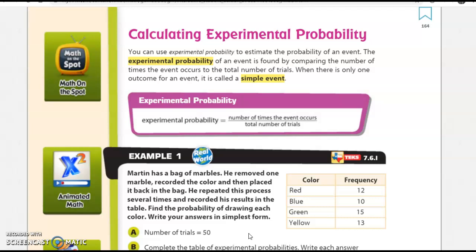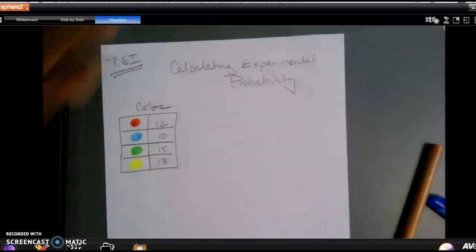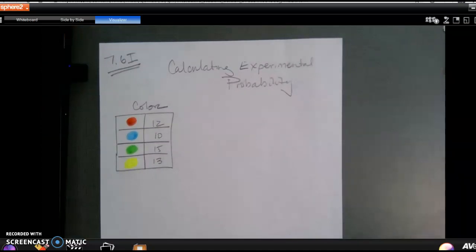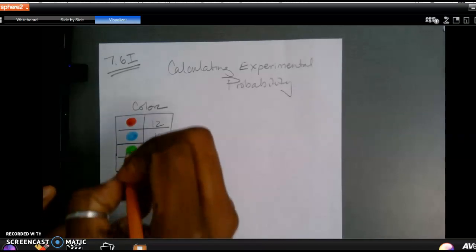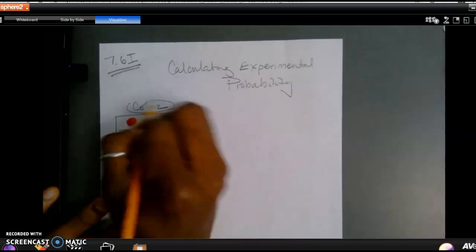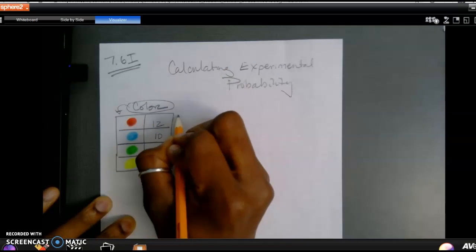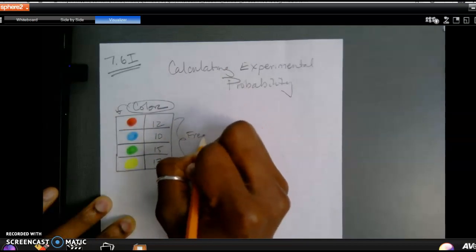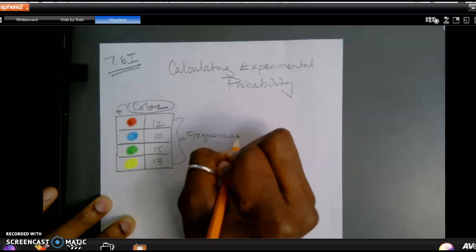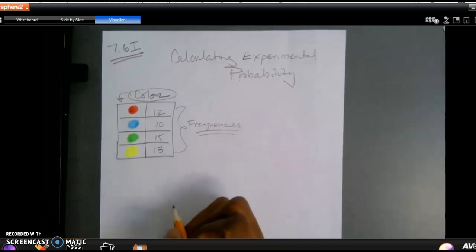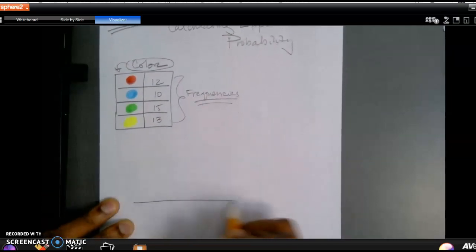So what I'm going to do now is I'm going to go over to our work. All right, so what I'm going to do at this moment is I'm going to show you how I'm going to set this up. So we notice here I've already created a colored chart, fancy, right? Okay, showing the frequency at which those items occurred. So we have our colors here, and we have our frequencies here. Okay, so what I will do is I will look individually at each one of those.